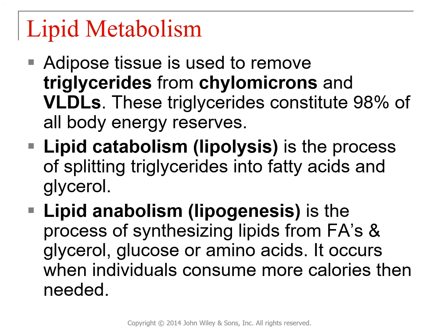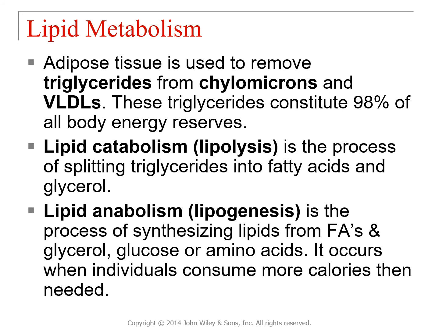Now, when blood fuel levels are low, as in the post-absorptive state, triglycerides are broken down, or catabolized, in a process called lipolysis. This releases fatty acids that can be oxidized for ATP synthesis, as well as glycerol for gluconeogenesis, making new glucose.